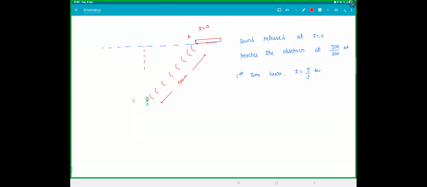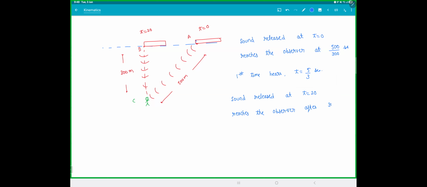Finally, when the train comes to point B, now this sound will travel this way. The catch here is you're traveling less distance. How much was this? 300 meters. That means the sound which was released at 20 seconds, that was the last sound, reaches the observer after 1 second.